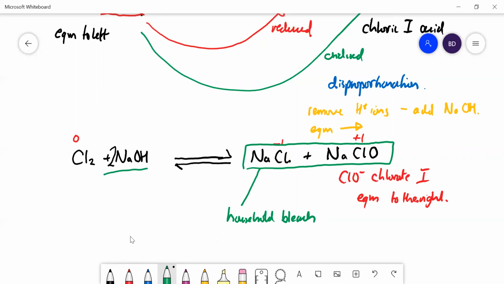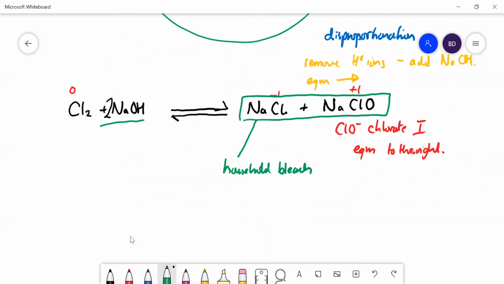Now, household bleach is obviously antimicrobial. Why is it antimicrobial? It's because it's the chlorate(I) ion that is the active ingredient. The sodium chloride doesn't do much, but this is a strong oxidizing agent that will oxidize the surfaces of bacteria and kill them, and damage a lot of other things.